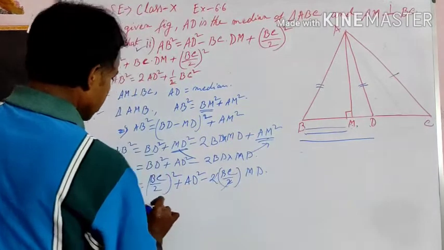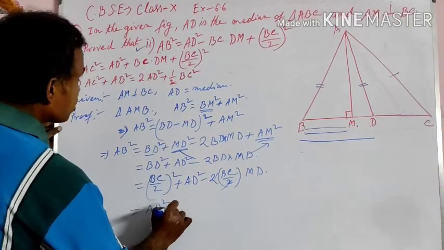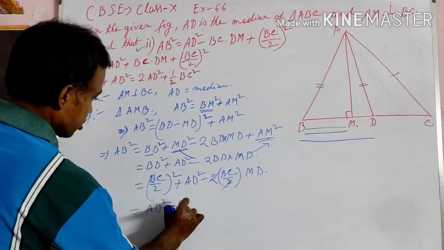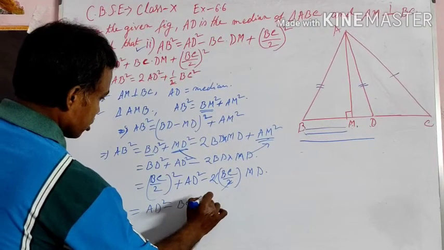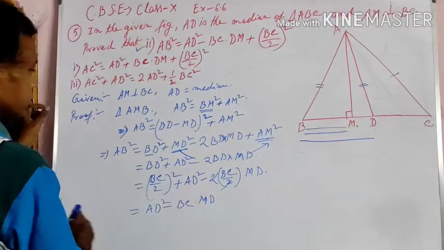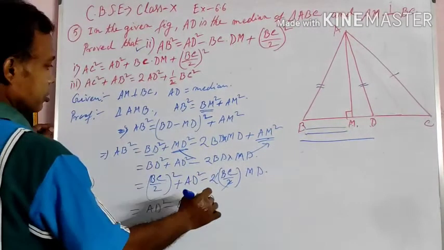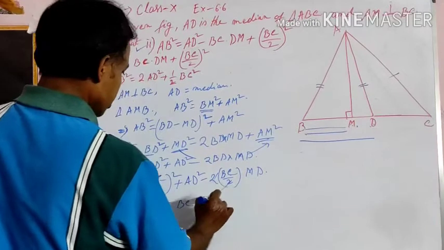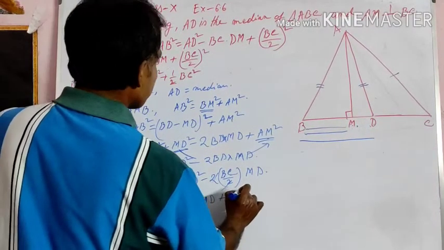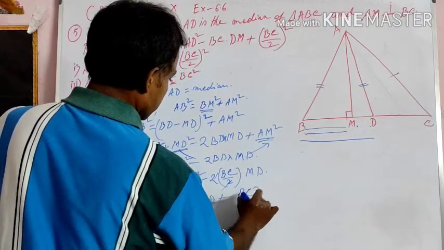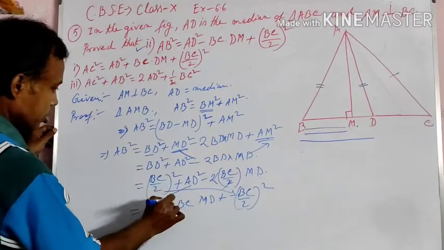The 2 cancels out, that is equal to AD square minus BC into MD plus (BC by 2) whole square. This is your (BC by 2) whole square. This is your AD square.